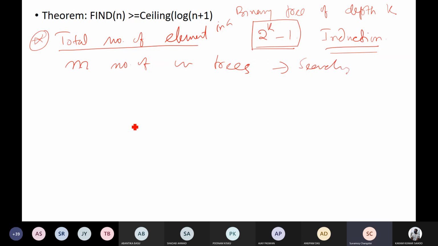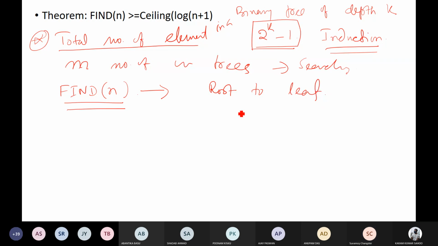The value of find n is bounded below by the distance of the longest path. What is this find n? Already I have told that it is the longest path from the root to a leaf, that is the lower bound.